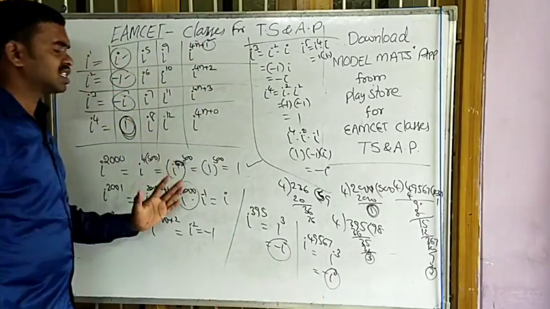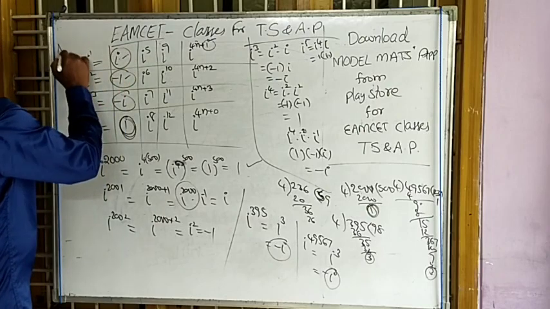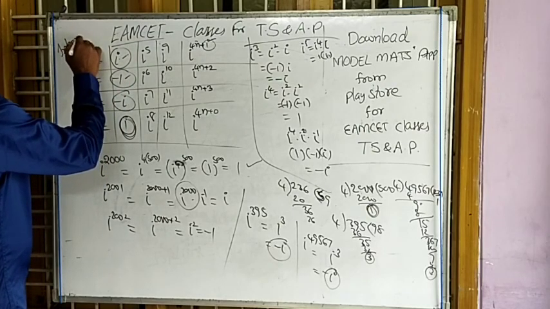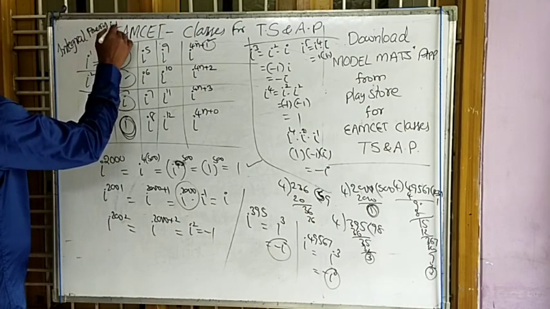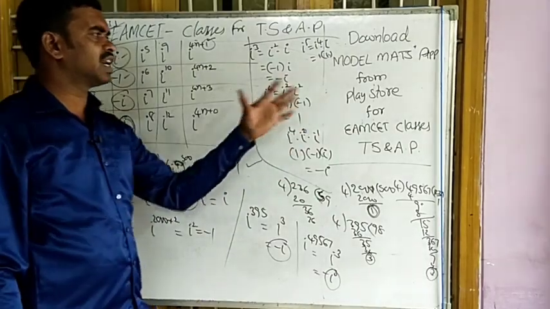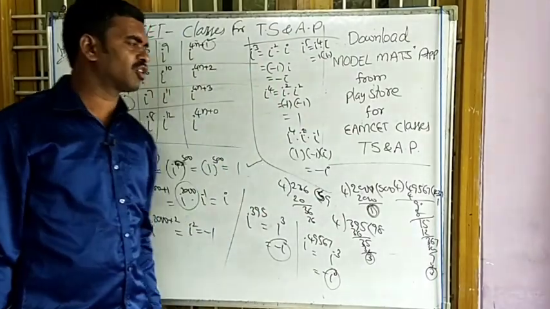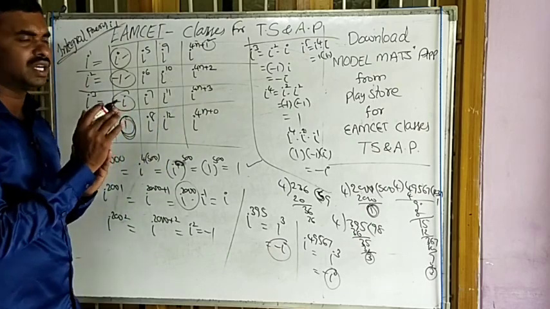Okay. So this is the integral power of i. Write a heading and make a table. This is completely rough work you do on the right side of your page, but this is the most important thing. I hope you understand.